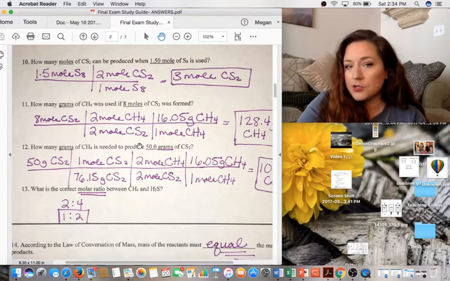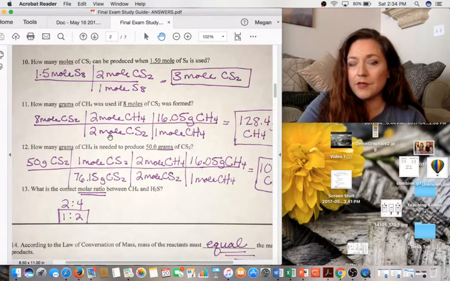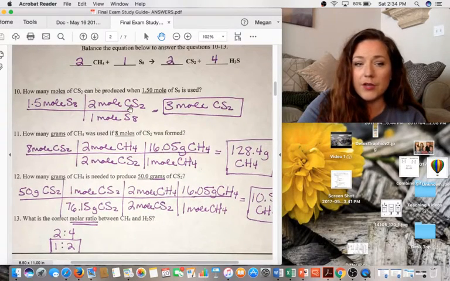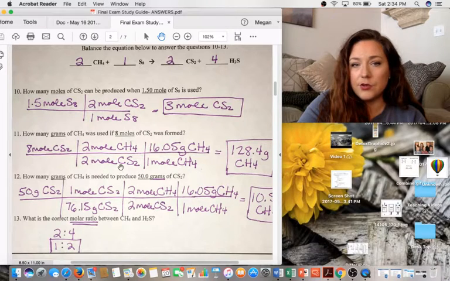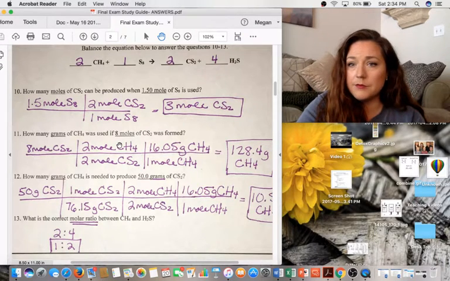This first part right here is a mole ratio. I looked at my balanced equation and saw that I had 2 moles of CS2 and 2 moles of CH4, because of the coefficients in front. So there, I was able to get into moles of CH4.